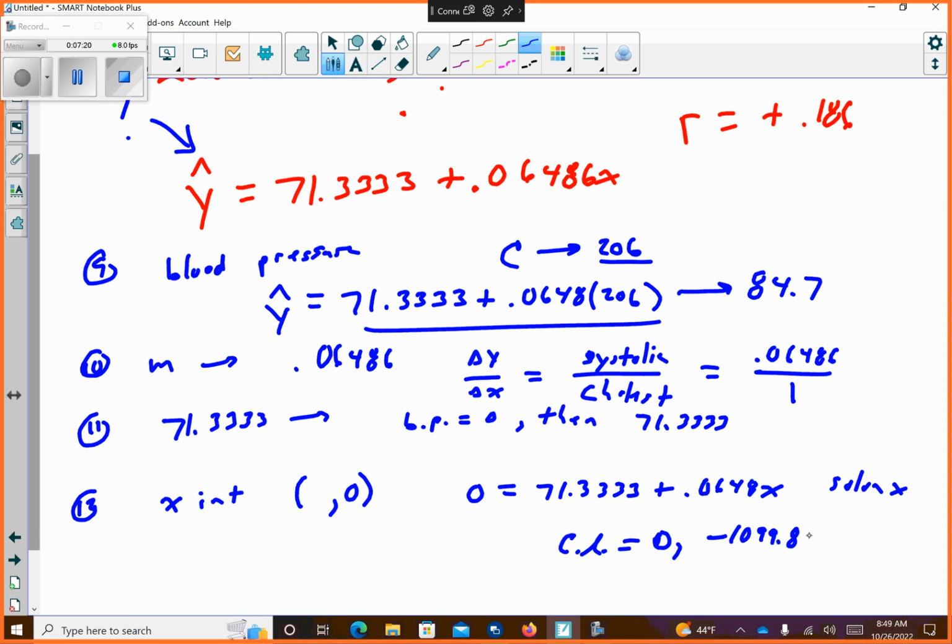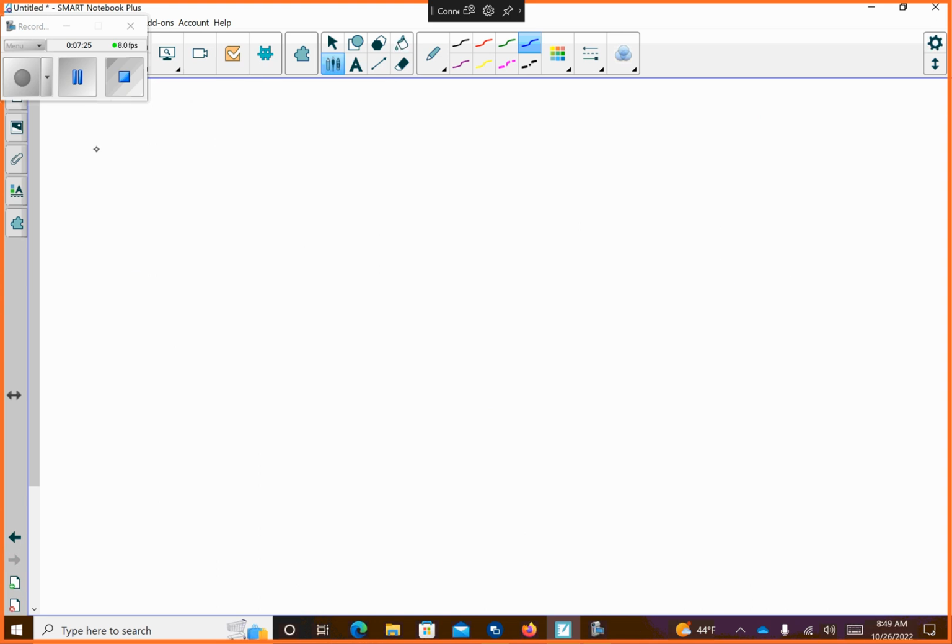And then number 13, if your cholesterol level goes down by 20, so I'm reducing 20. So going down 20 means what? If I go down, positive or negative? Negative. Okay. So I'm going to take that negative 20, and I'm going to replace that for x on my equation.